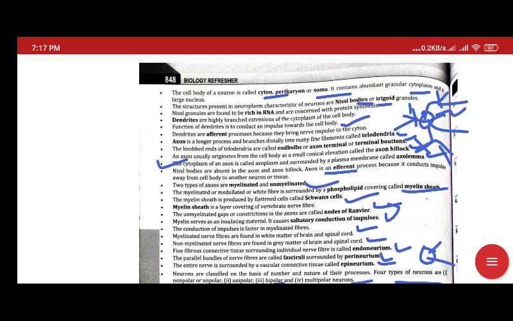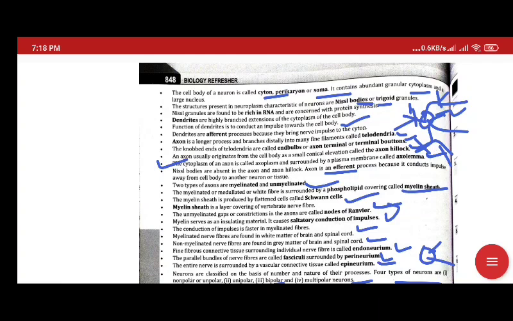Skeletal is attached with bone and controlled by ourselves. Non-striated is not connected with bone and is involuntary, present in visceral organs like heart, liver, lungs, etc. The third type is cardiac muscle, the heart muscle.